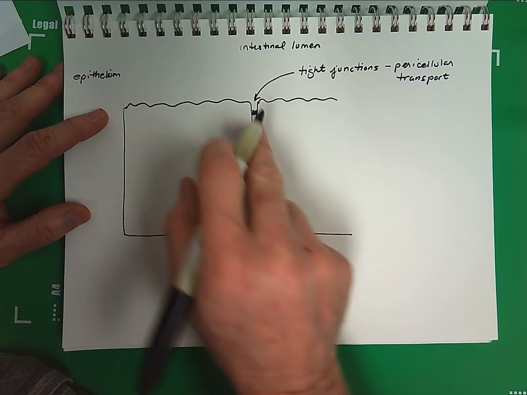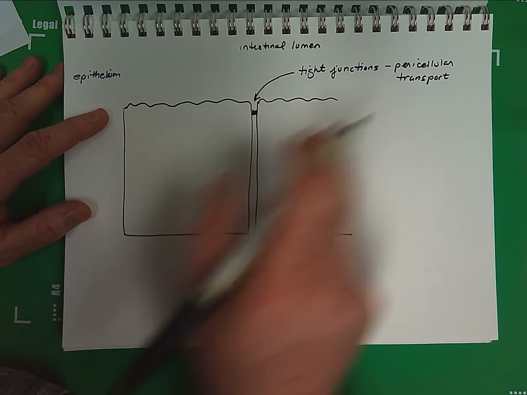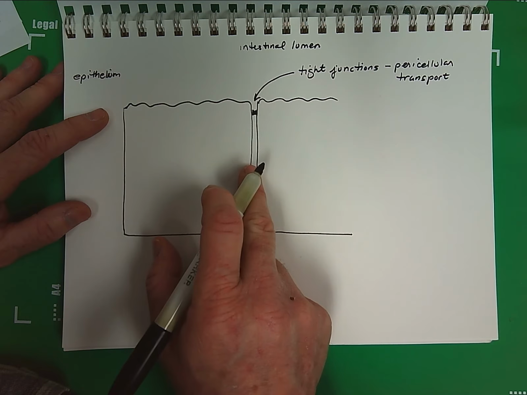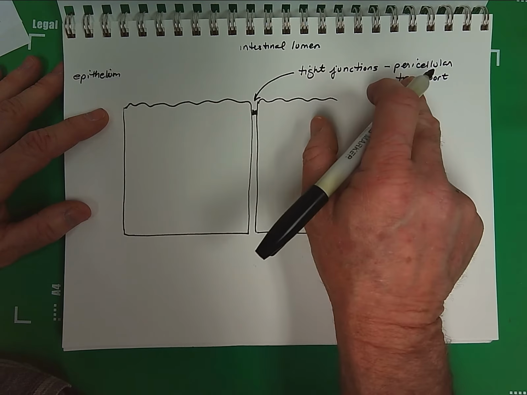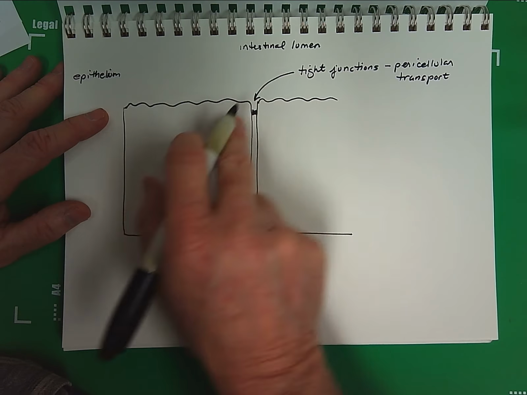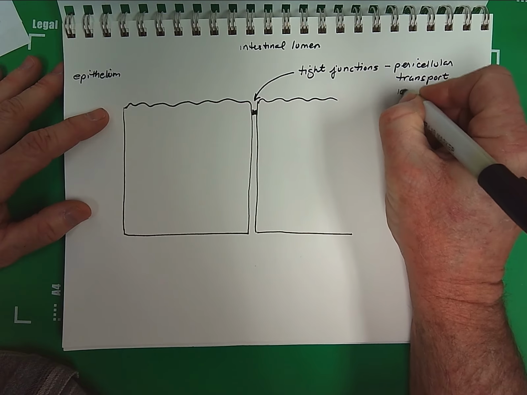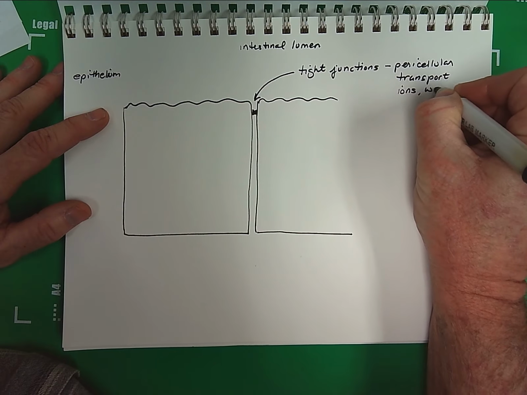Pericellular transport is simply the movement of molecules between cells. Peri meaning around the cell. So tight junctions regulate this by controlling what goes through. And typically the only molecules that are small enough to get through these are ions and water.